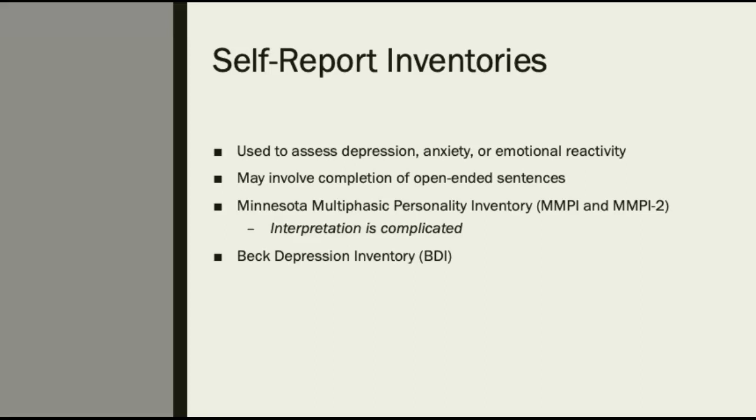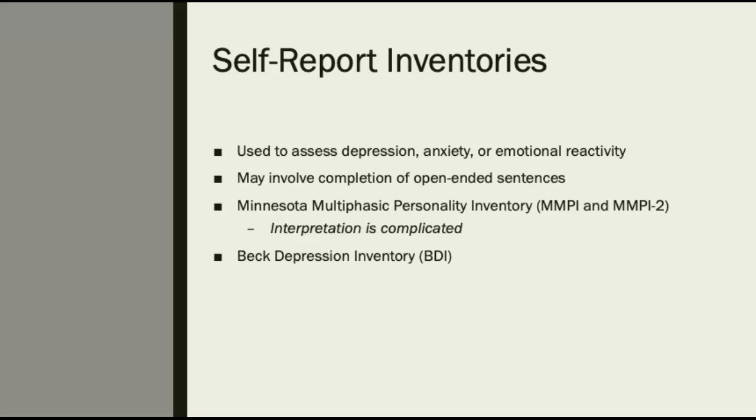They make note that interpretation is very complicated using this instrument and that it's important to be well trained prior to implementing it. A very common self-report inventory that we use to screen for depression and as an initial assessment instrument for depression is the Beck Depression Inventory.